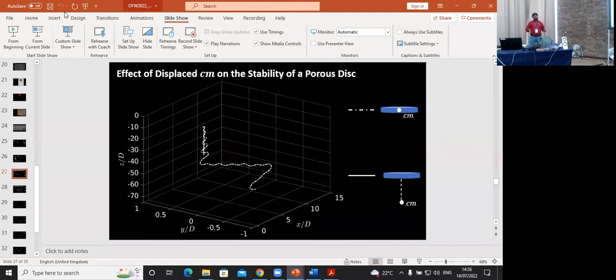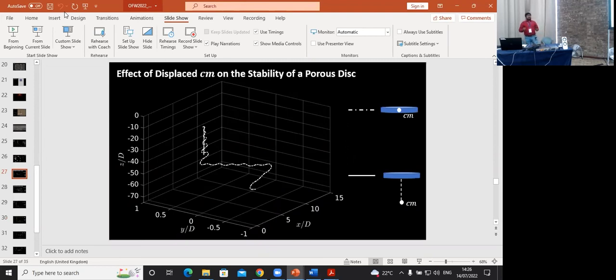Now, this is the most interesting part. In nature, how do we see stable flight? So this gives us some sense of understanding that when we change the center of mass to an offset from the pappus, that means here the center of mass and the center of buoyancy are no more the same point.